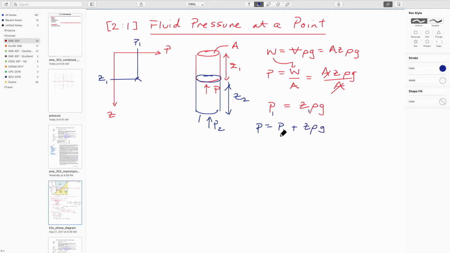Just taking this term here. This would be Z2, this instance here. And it would give us a curve, so let's get it in the right location. It would be something that would look like this.